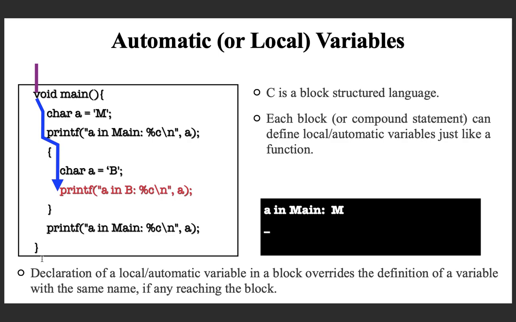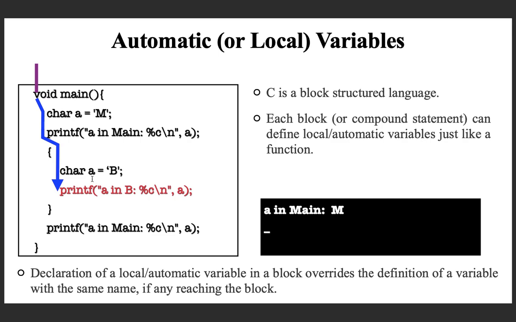Here this is the block in which that particular variable is defined. Then we can see that this definition of small a goes all the way till this printf statement. That means it is coming to this statement as well.